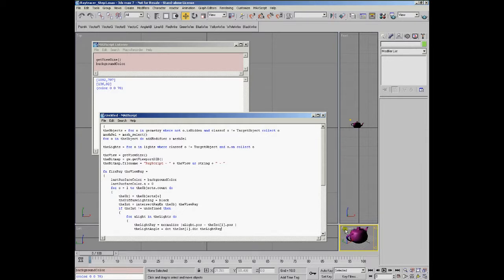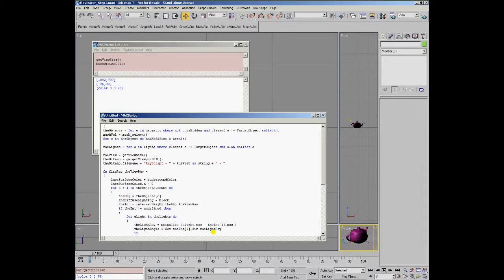If the angle is 90 degrees, then the dot product, the cosine of the angle, is going to be 0. That means that the point doesn't get any illumination. And if the cosine of the angle is negative, that means that the angle is greater than 90 degrees, which means that the surface point is not facing the light source and cannot get any illumination at all.